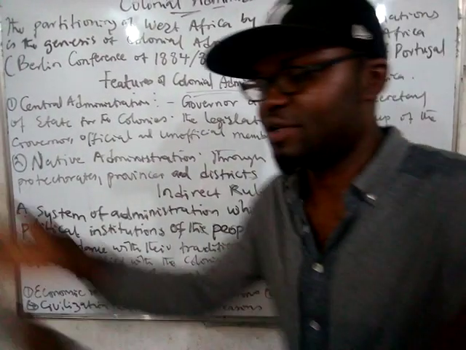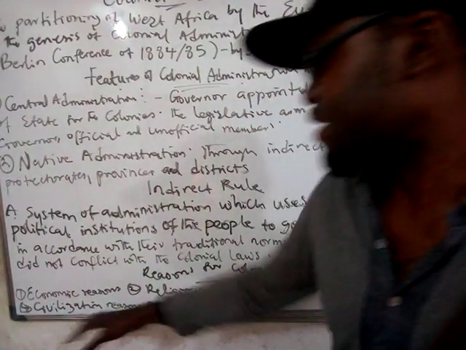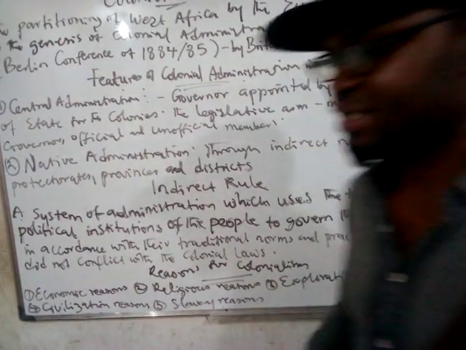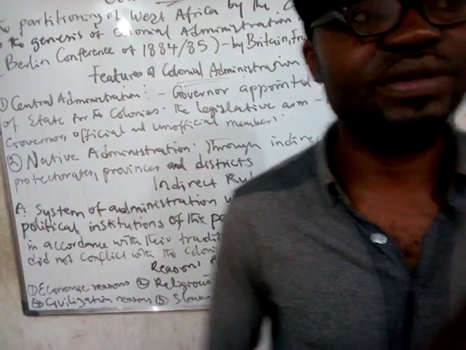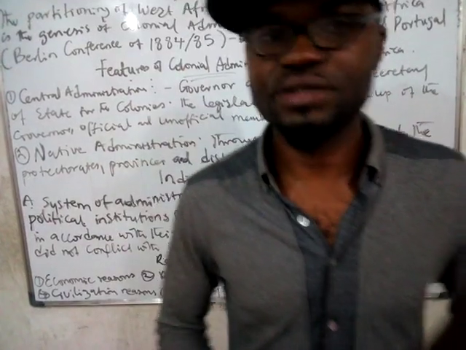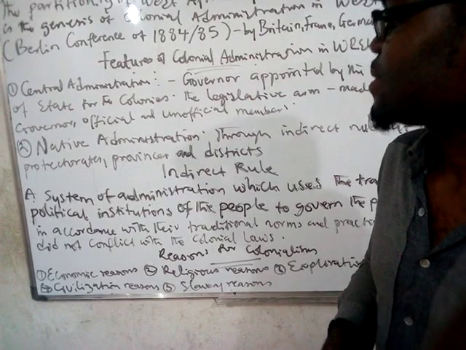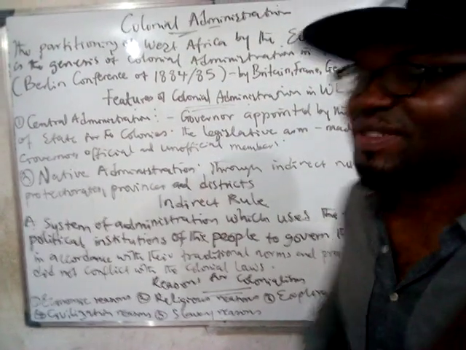Europeans liked discovering places. Civilization needed reasons, development. Then slavery, they needed manpower to help in their production. So this is a concise explanation of what the colonial administration is all about.